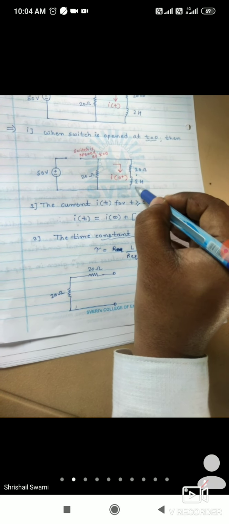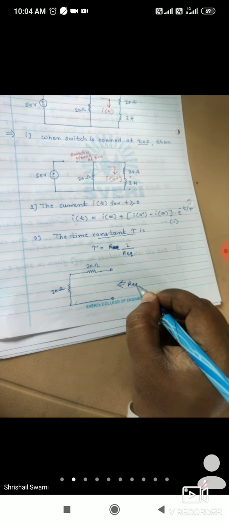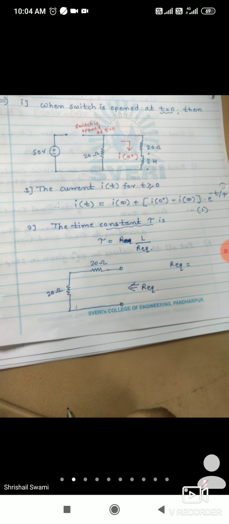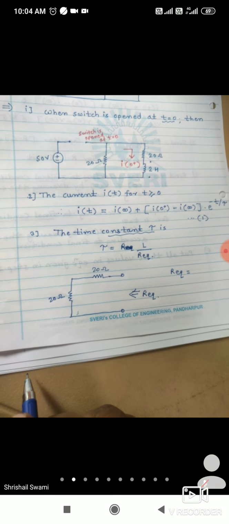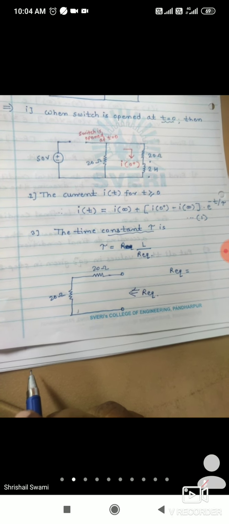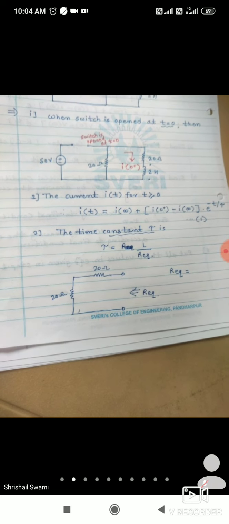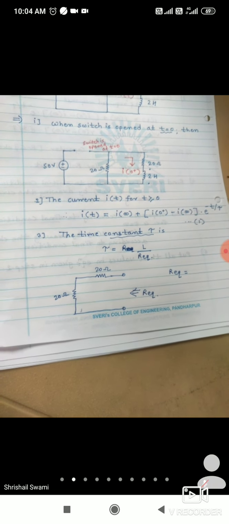Between these two points, this point and this point, you have to observe the R equivalent. You leave the inductor part, make it open, and measure the R equivalent between those two open points. So what is the R equivalent value here? Anyone? What is R equivalent for this circuit? How are they connected, series or parallel? Series. So 20 and 20 are connected in series.